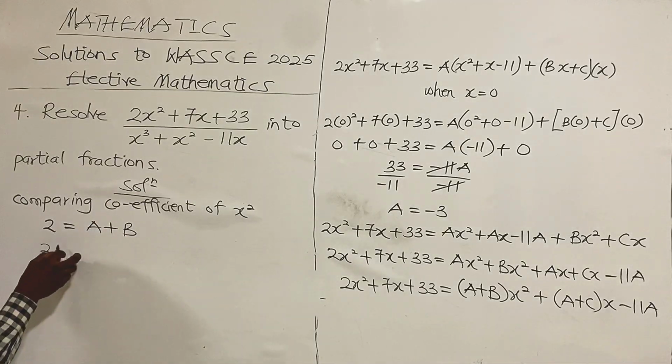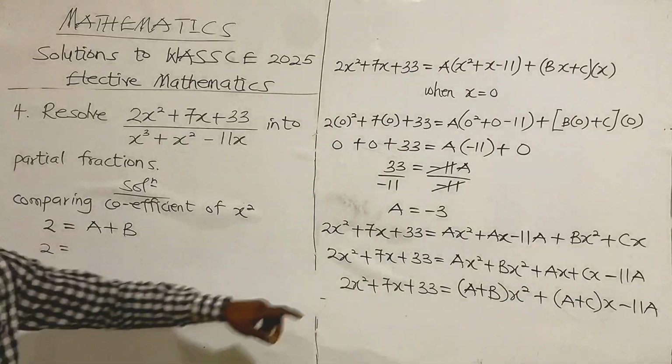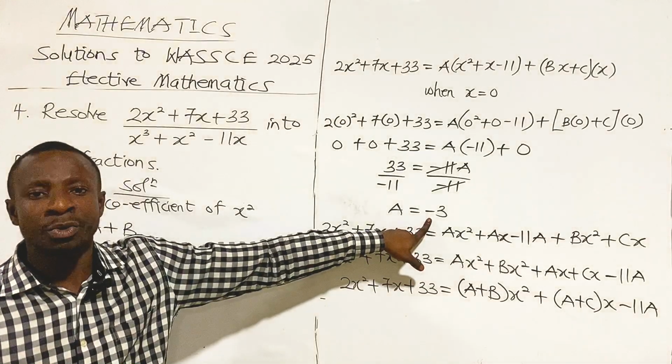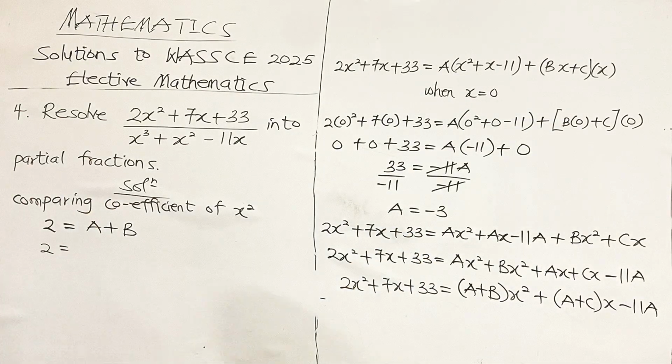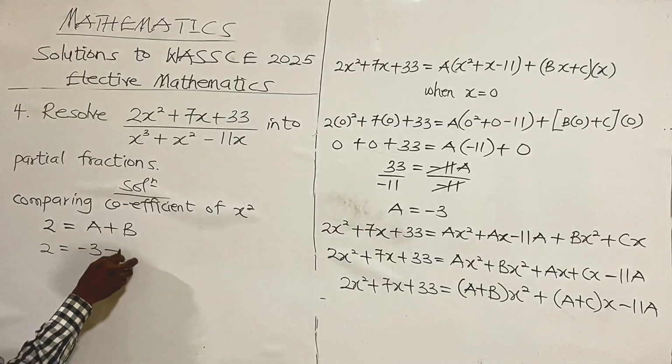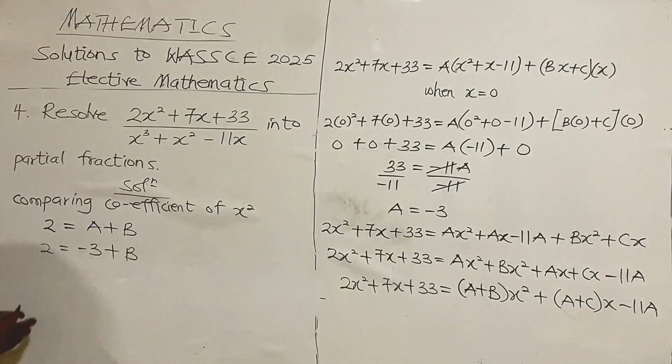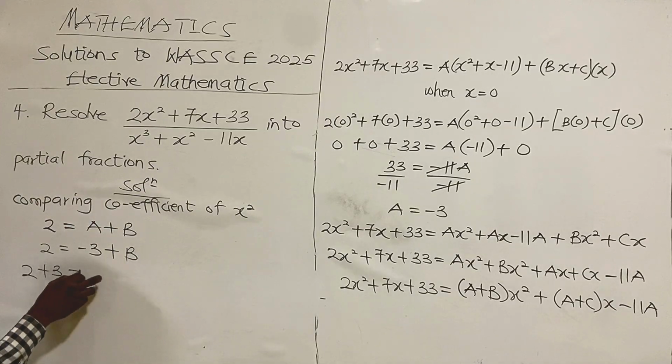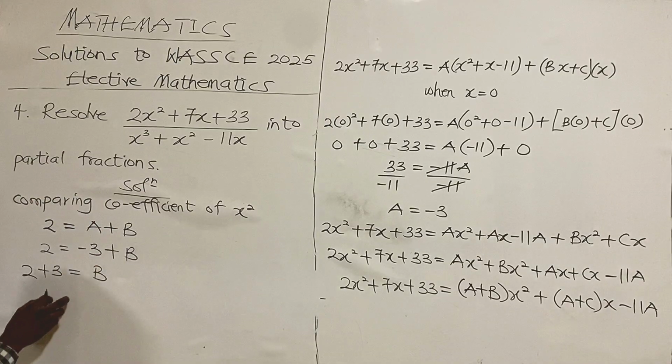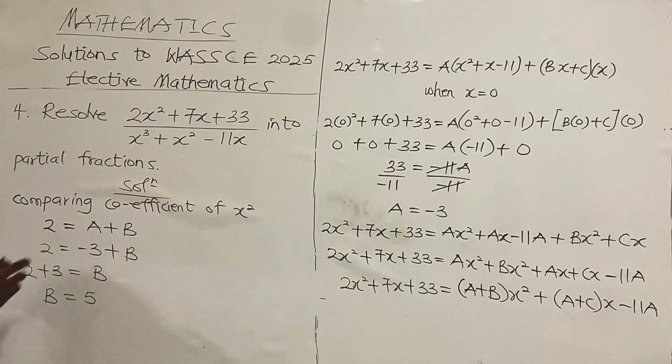So now we have 2 is equal to, now we know that the value of A is negative 3. So we have negative 3 plus B. Then we have 2 here. When negative 3 moves to the other side, we have positive 3 is equal to B. Then we have B is equal to positive 5. And this will be the value of B.